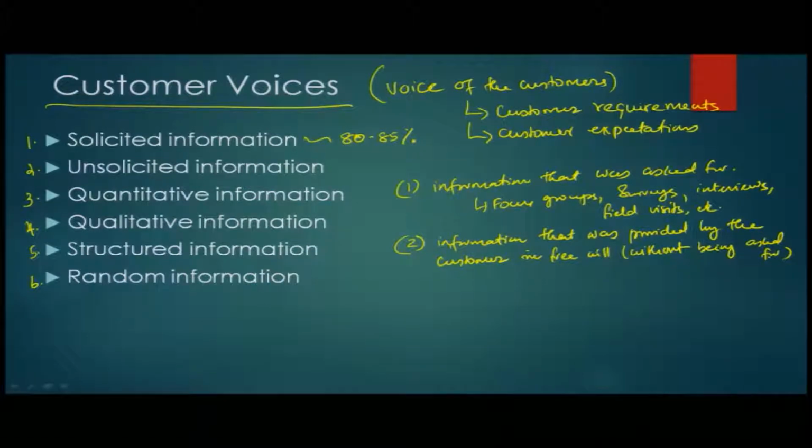So, the customer gave this information without being asked for it. The customer was okay with sharing this information and going away. This usually happens in the case of many consumer products, where the marketing executives will find people who are using the product, and sometimes somebody will share this information saying that okay, this is actually a problem, and then people will get to know about it and use it accordingly.